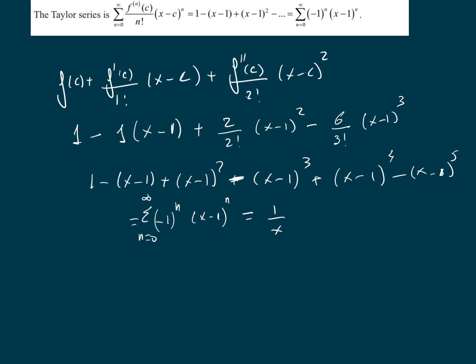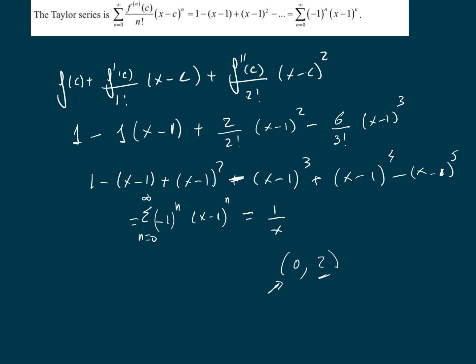It's not defined. 1 divided by 0 is not defined. So the interval of convergence for sure should start at 0, and the series is centered at 1. If it's centered at 1, the radius is 1, so it could be 0 to 2. For sure this is an open interval at 0, and at 2 I don't know if it's open or closed.